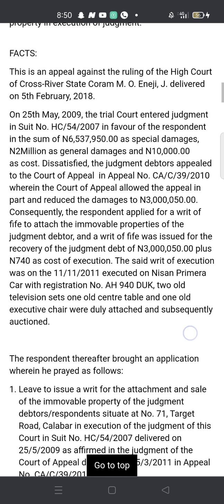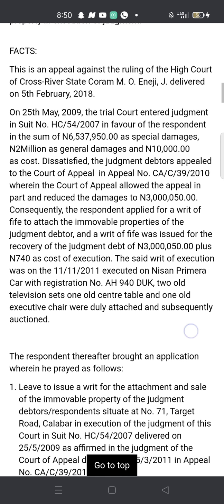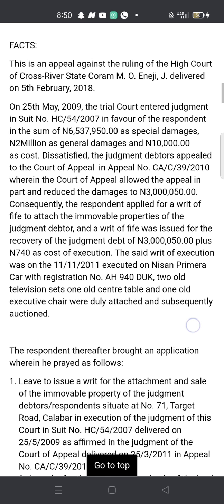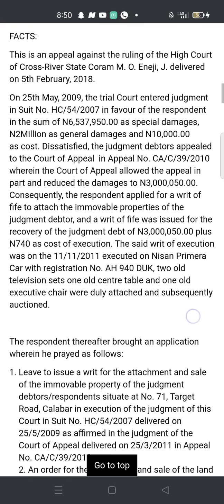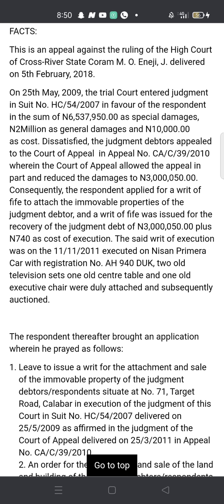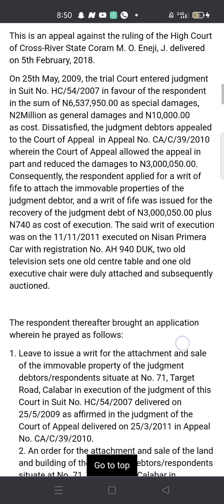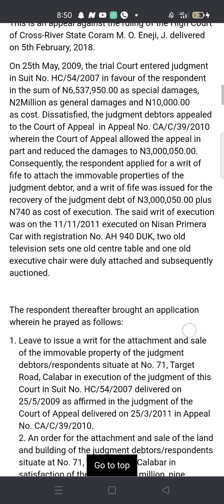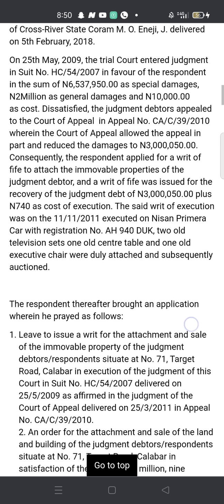Consequently, the respondent applied for a writ of FIFA to attach the immovable property of the judgment debtor, and a writ of FIFA was issued for the recovery of the judgment debt of 3,050,000 naira plus 740 naira as cost of execution.